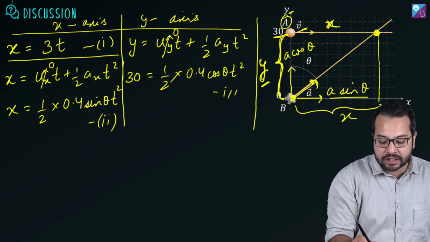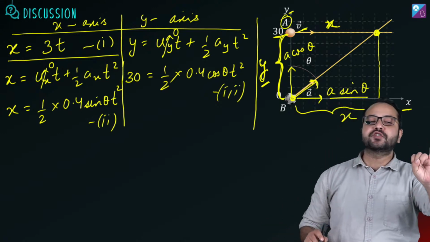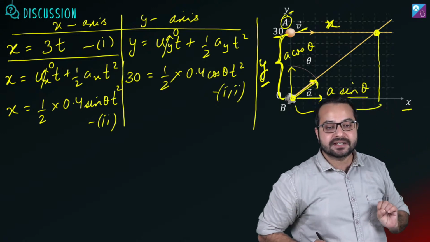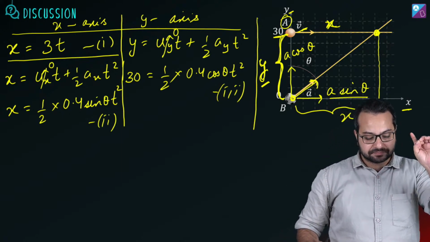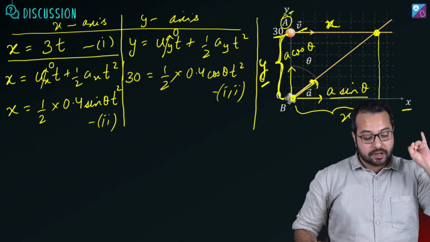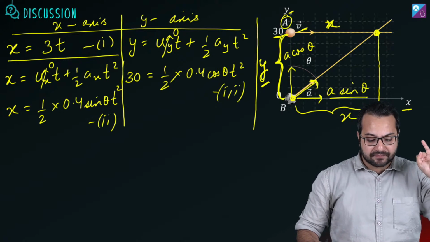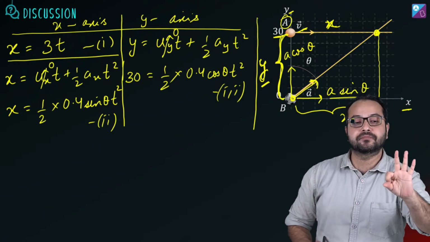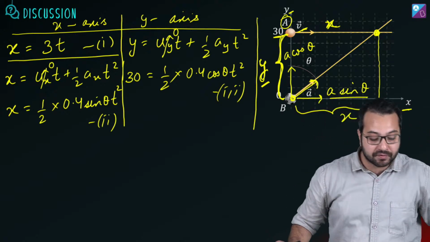And this is our equation number 3. Is that correct? So how many variables do we have? We have x as a variable, we have t as a variable, and we have theta as a variable. So there are 3 variables and we have already found 3 equations.